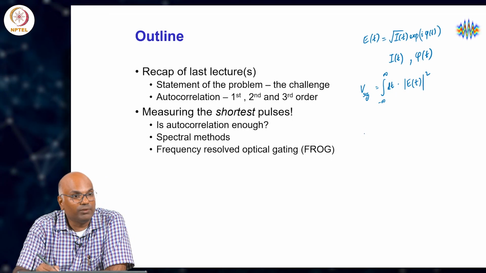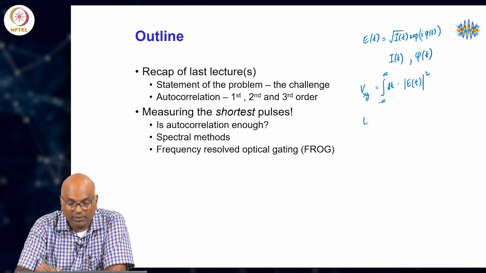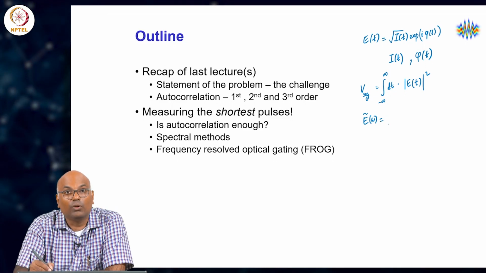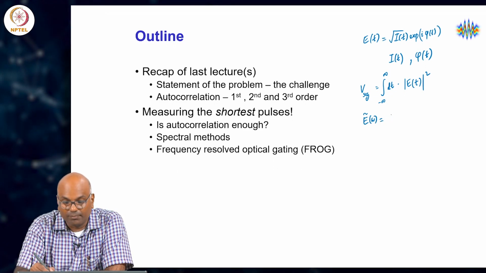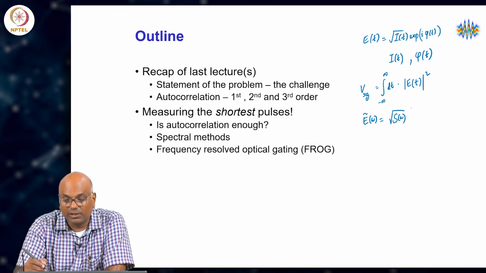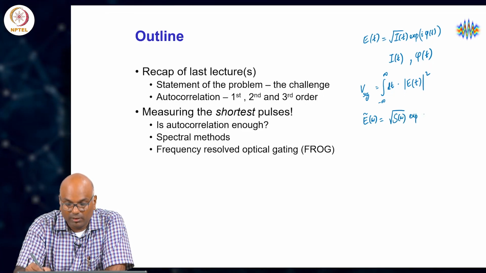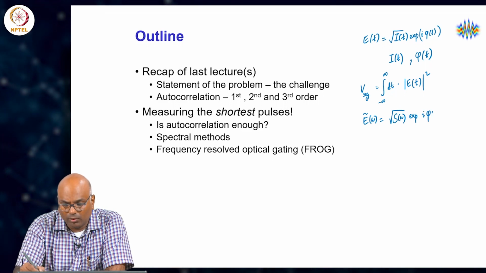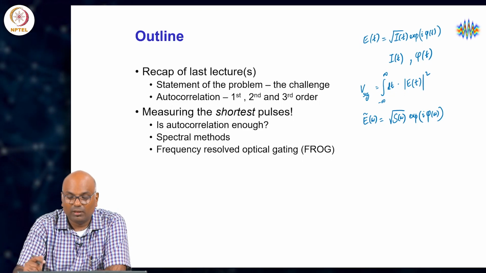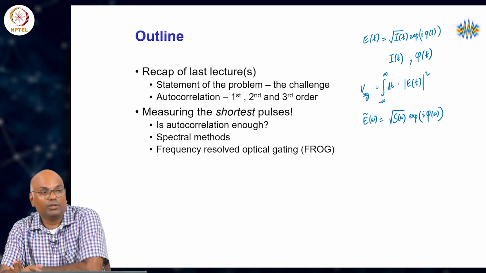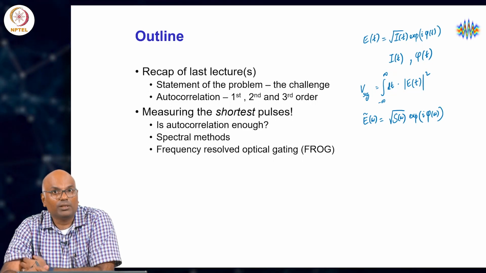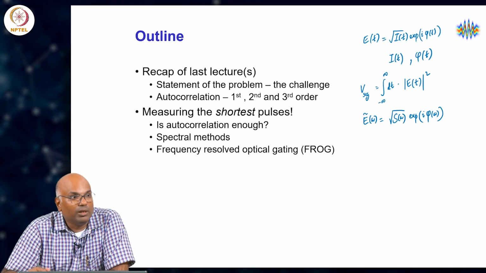We also realize that if we use the equivalent spectral domain description of the same pulse, which is equivalent and complete in all respects, then we have a scenario where E tilde of omega is S of omega times exponent i phi of omega.